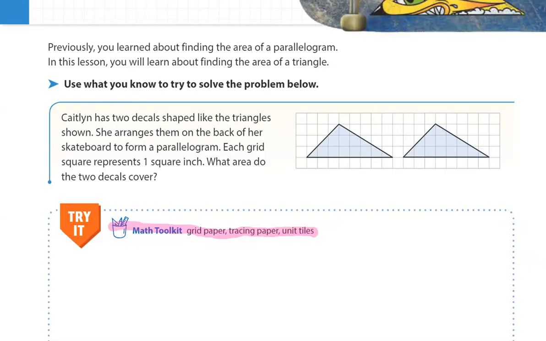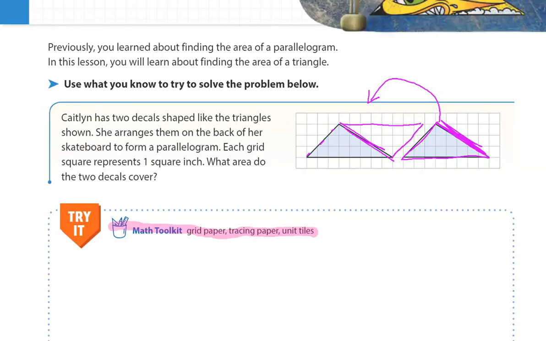So, let's see, this goes 1, 2, 3. So I'm going to imagine I'm going to trace this, and then I'm going to flip it over to make this side meet this side right here. So it's going to end up being 1, 2, 3, and then over like that.